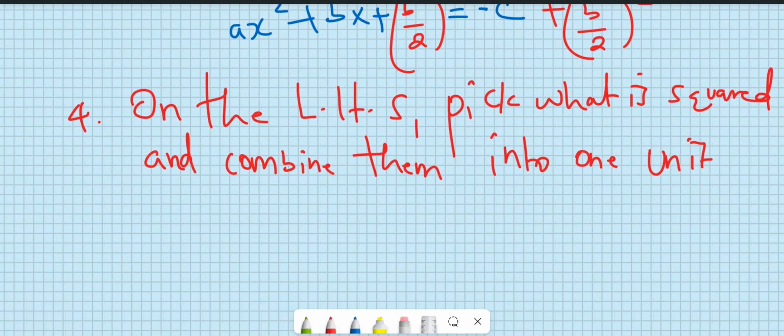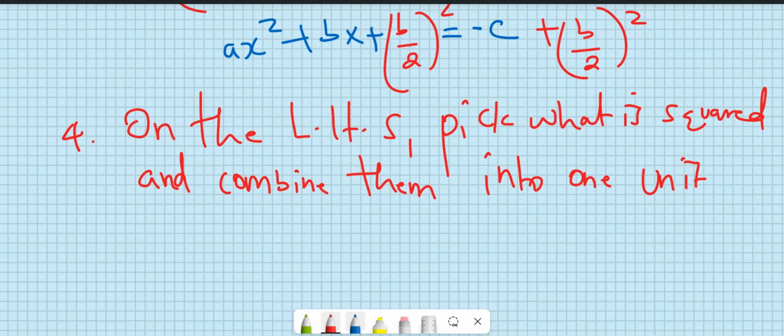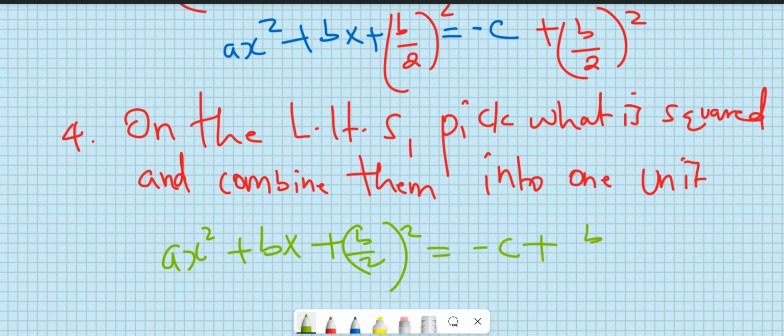Let's see. So once you have b over 2 squared and you've added it to both sides, how do we do that? So we had ax squared plus bx now plus b over 2 squared equals to negative c plus b over 2 squared.